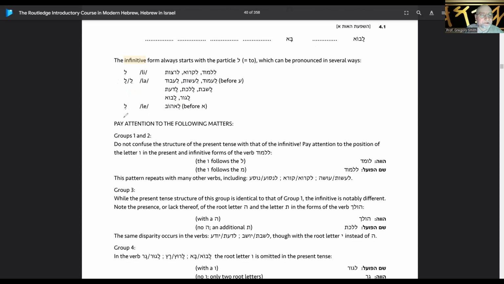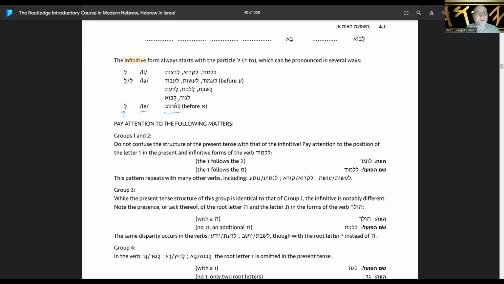Now let's look at the segol options here for le-something. This looks like le'ehov. Yeah, to love. לאהוב, le'ehov.